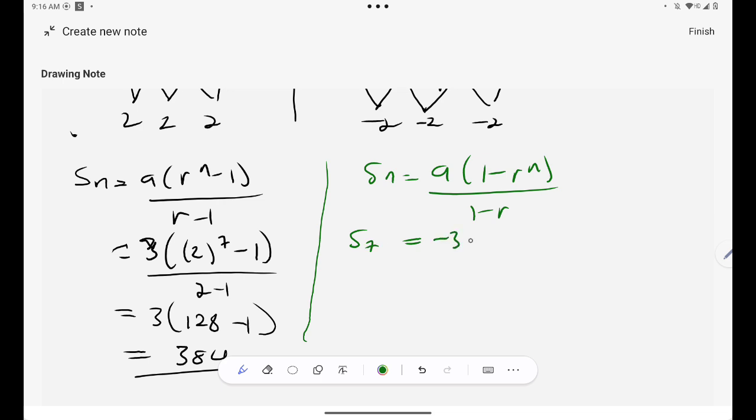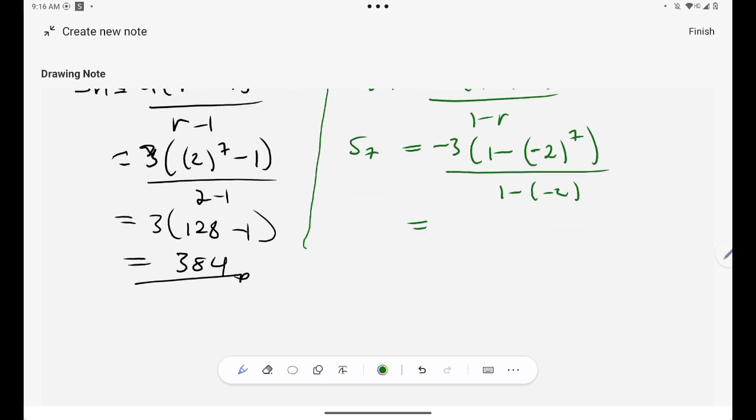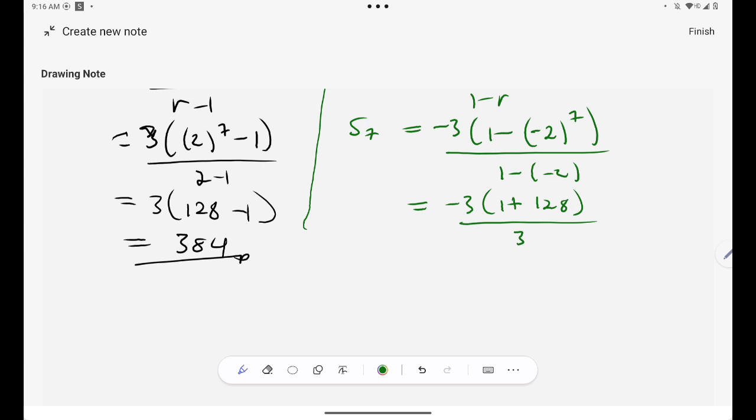My a here is negative 3, 1 minus my r, negative 2 to the power 7, all over 1 minus negative 2. So I'll have negative 3 times 1 plus 128, all over 3. So this will cancel this, then I'll have negative 129.